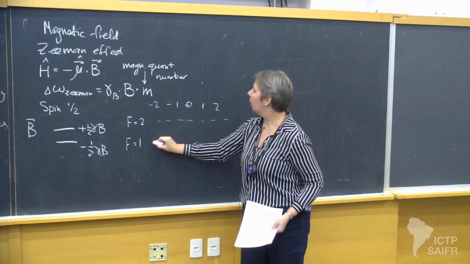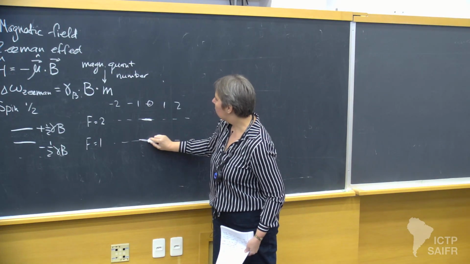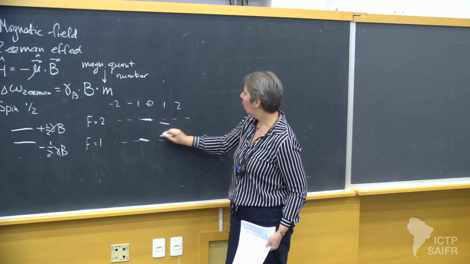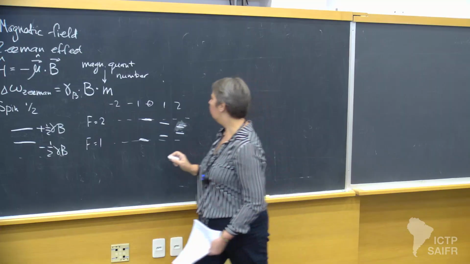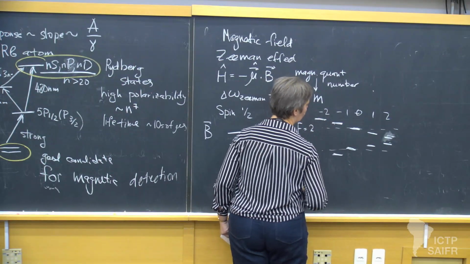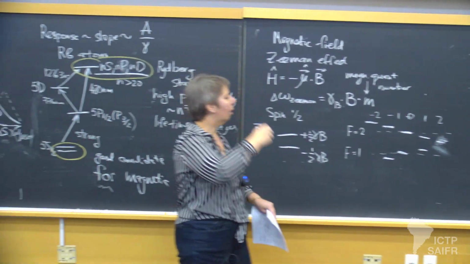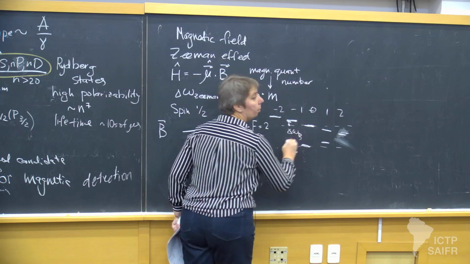So without magnetic field, they're all going to be on the same level. And of course, in non-zero magnetic field, they're going to shift by almost the same amount for the two ground states. All of those levels are going to shift by this amount, delta omega B, OK?